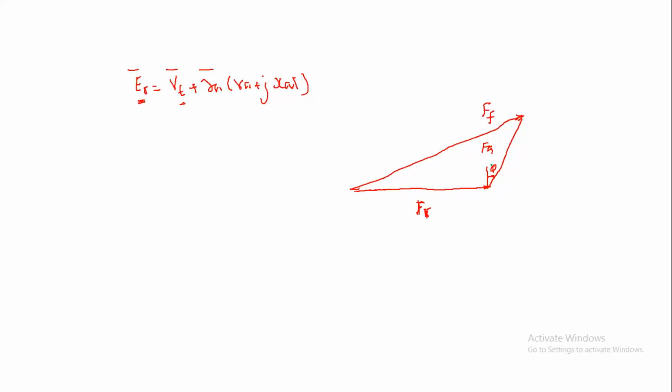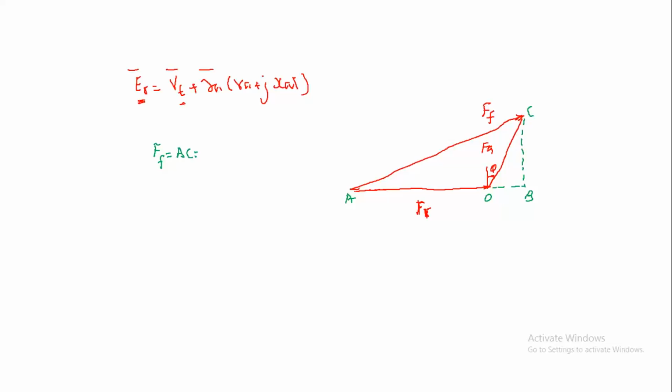Some students analyze the phasor diagram like this: drop a perpendicular on this, extend this, and make the phasor diagram a right angle triangle. So this is A, this is O, this is B, and this is C. You have to calculate AC, which is nothing but FF. So FF is equal to AC.